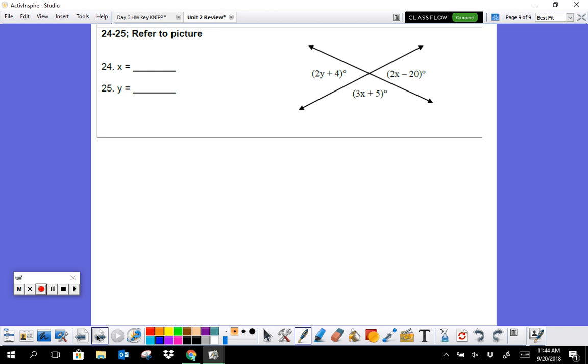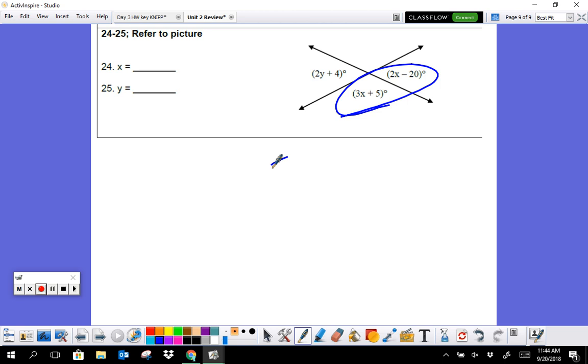Okay, this last problem here, there's something you're going to have to know to be able to start working this out. Yes, I know that these two vertical angles equal each other, but I'm not going to be able to find x or y if I set those equal to each other because I still have two variables. So what you have to notice here is that these two angles make a linear pair, so you can add those up to be 180.